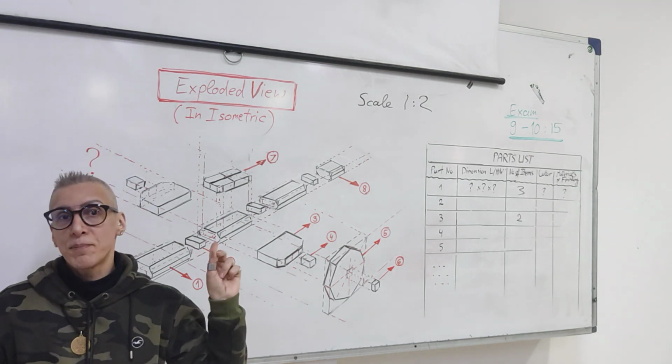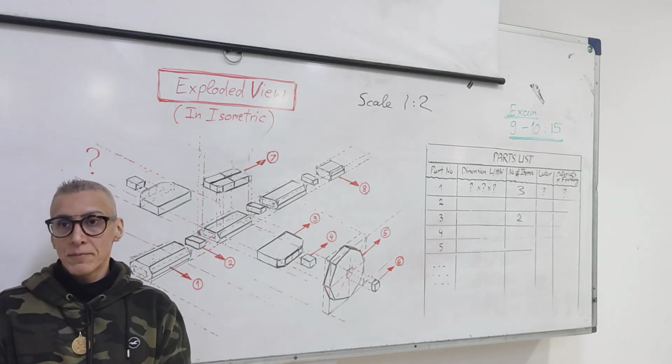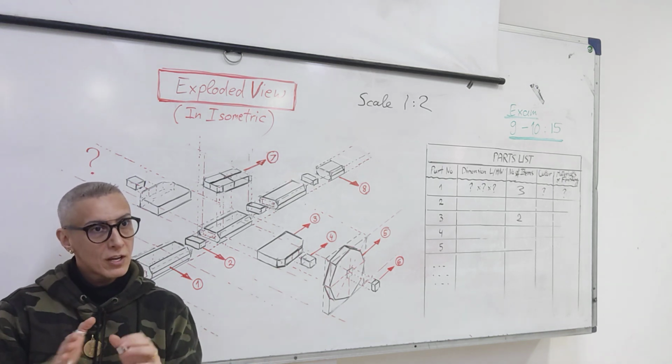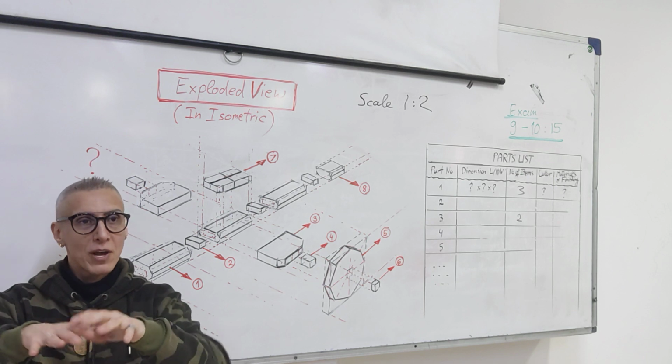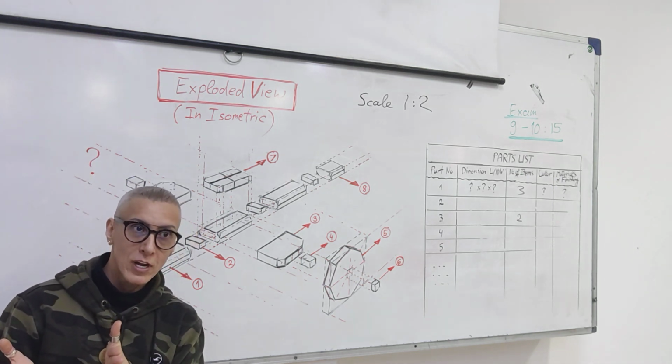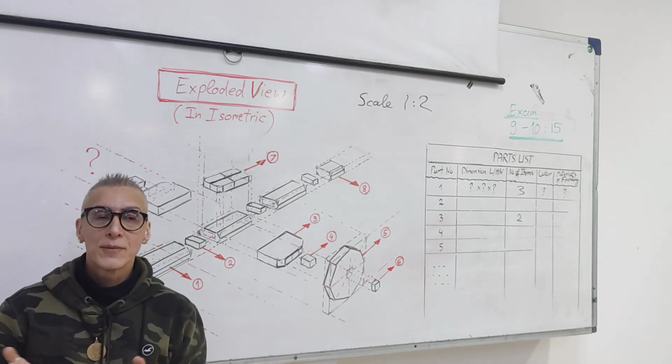Any question about the paper model? So we are basically not drawing the whole object, only half of it. We are making only half of it to see the section cut, okay, according to the section line.